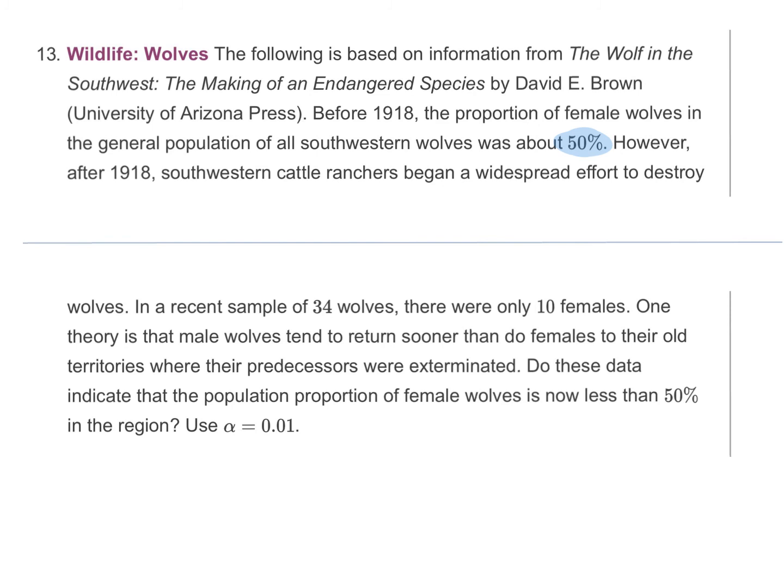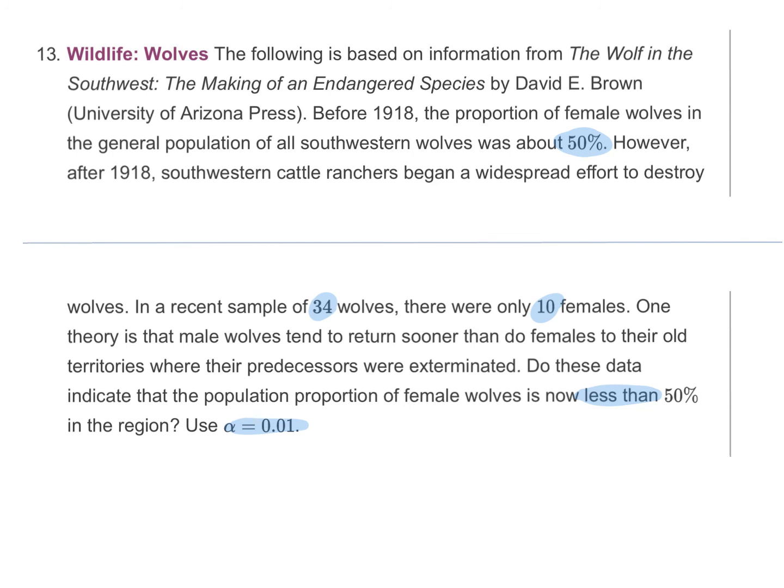In a recent sample of 34 wolves, there were only 10 females. So that's our sample. That's our R and our N respectively. Does this data indicate that the population proportion of female wolves is now less than, so now we have a left tail test, and we're going to use that 0.1 percentage again, okay?